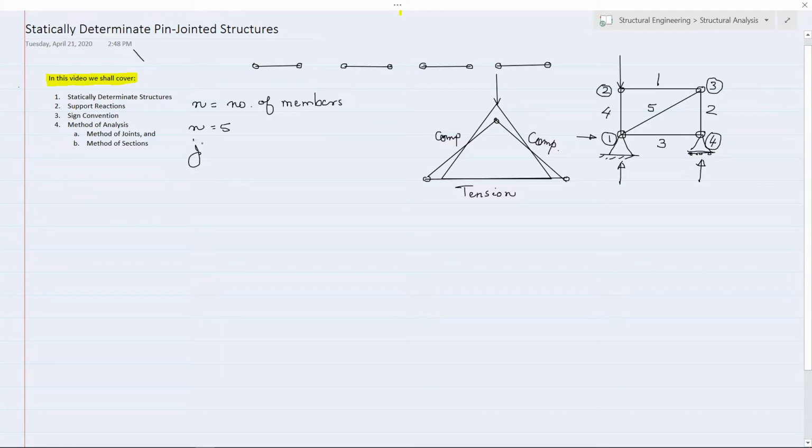So let j be the number of joints. Here it is 4. And if we see the reactions, there are 3 reactions. Let r be the reactions. So there are 1, 2, and 3 reactions.